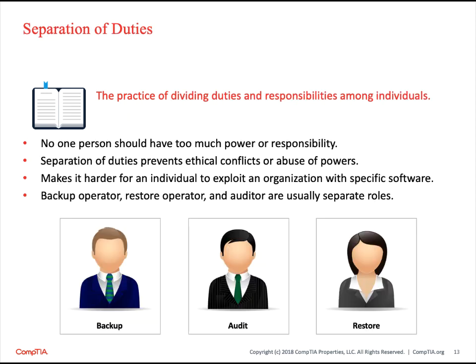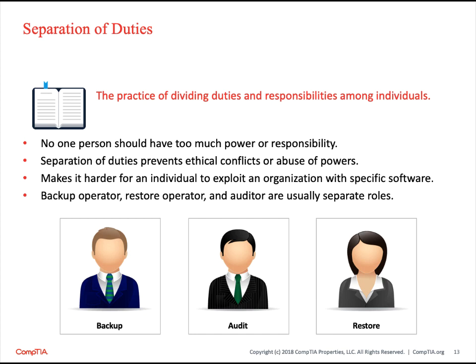Next up, we have separation of duties. This is the practice of dividing duties and responsibilities among individuals, so no one person should have too much power or responsibility. Our duties need to be divided among individuals to prevent any ethical conflicts or potential abuse of powers.